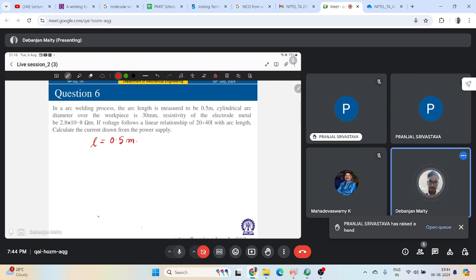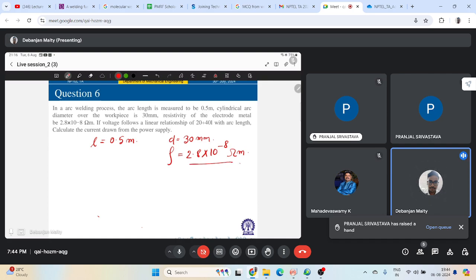This is a cylindrical arc, having a diameter of 30 mm, and the resistivity of the electrode metal is 2.8 into 10 to the power minus 8 ohm meter.